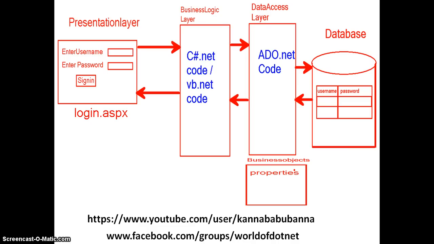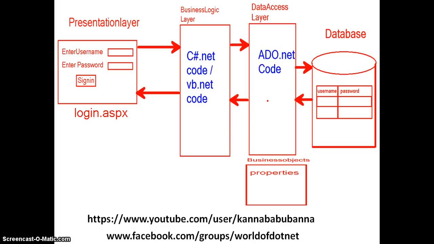And in three-tier architecture we have to follow one more rule: the presentation layer must communicate with the business logic layer, the business logic layer will communicate with the data access layer, and the data access layer will communicate with the database. Again the database will send the result to the data access layer, the data access layer must forward the result back to the business logic layer, and then the business logic layer must forward the response back to the presentation layer.